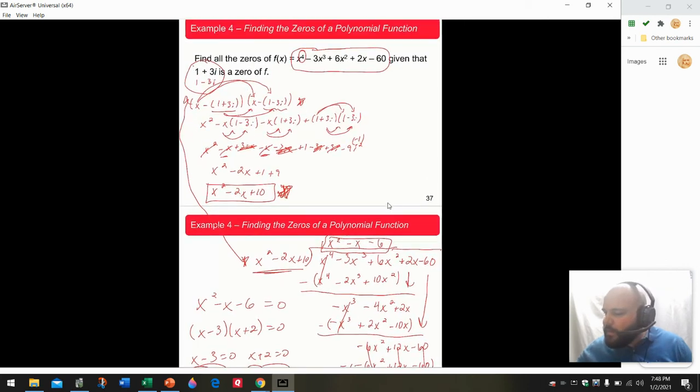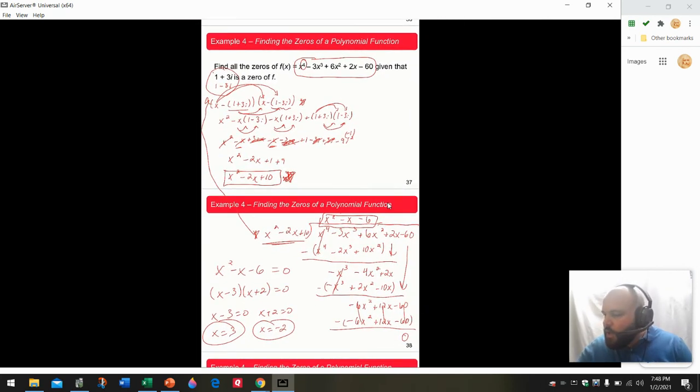So let's kind of take a recap of what we did in this problem. We were given two imaginary zeros. So we were given one, we had to come up with the other one because it's a conjugate pair. Then we wrote the factors and we foiled them together to get this new polynomial. Once we got that polynomial, we divided it out of the original one.